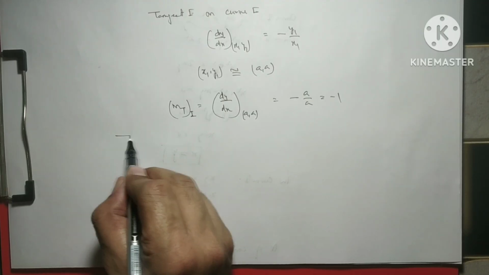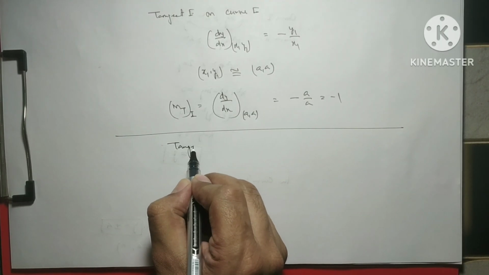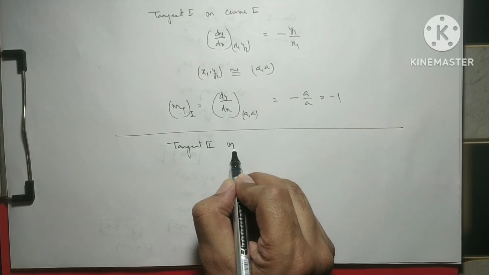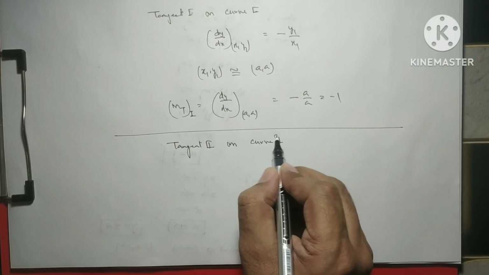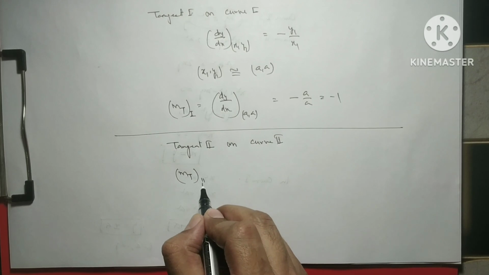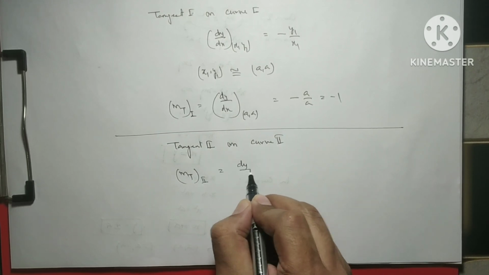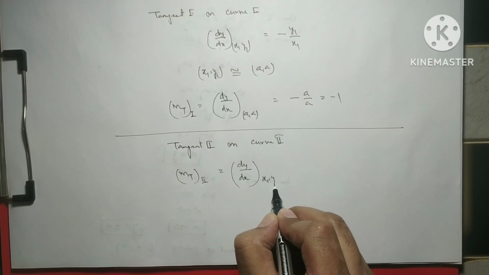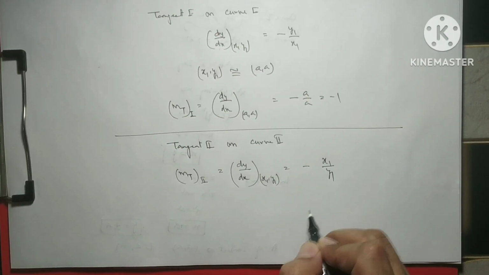And in case of the second slope, the tangent 2 on curve 2, the slope of the second tangent is dy over dx at x1 y1 is minus x1 over y1.